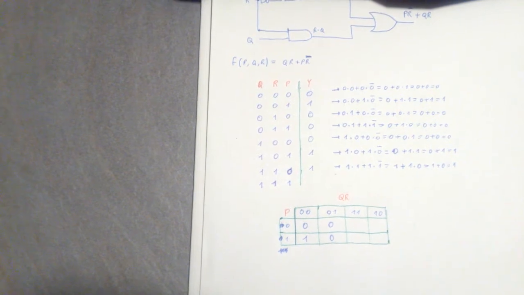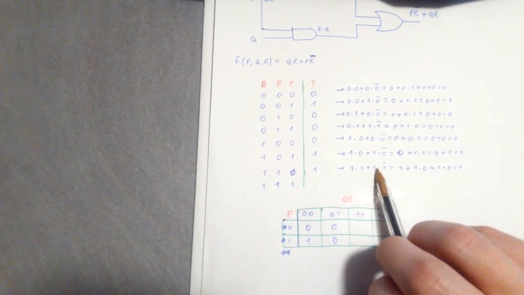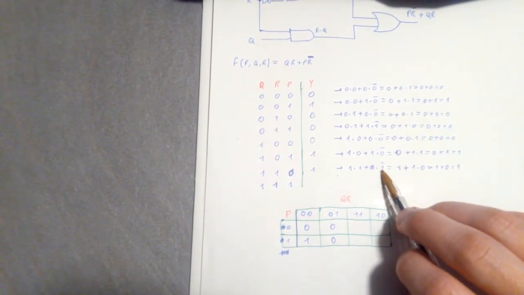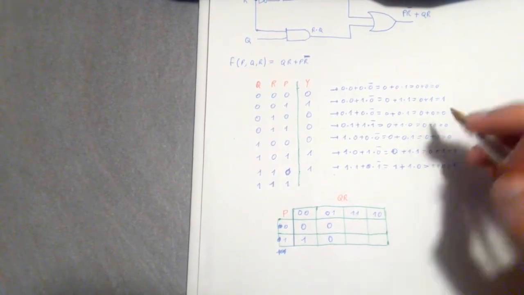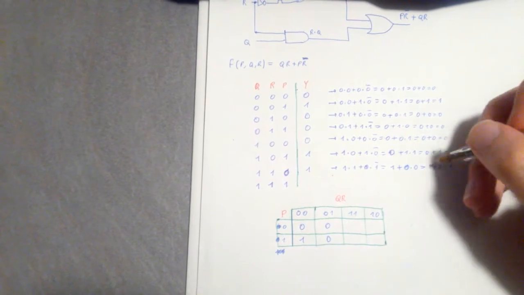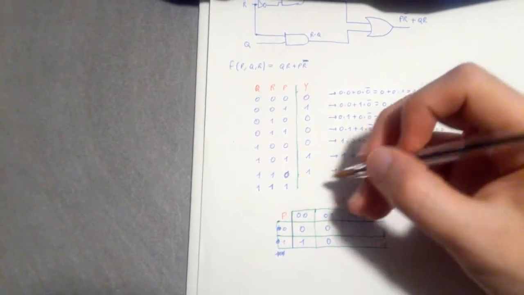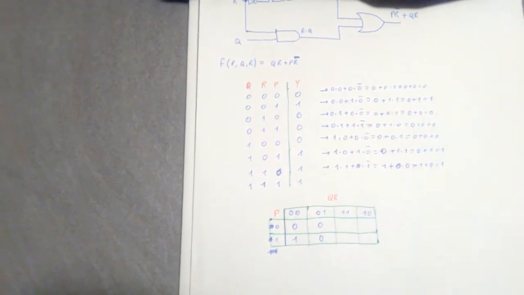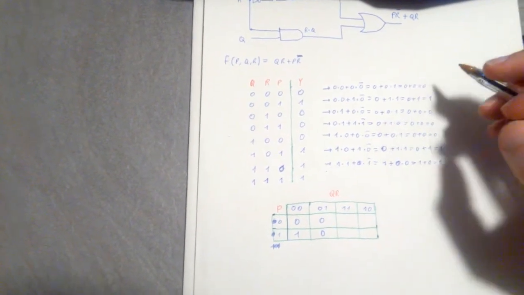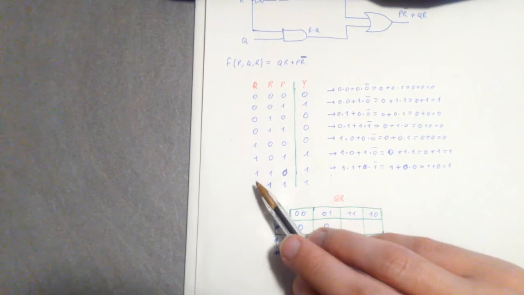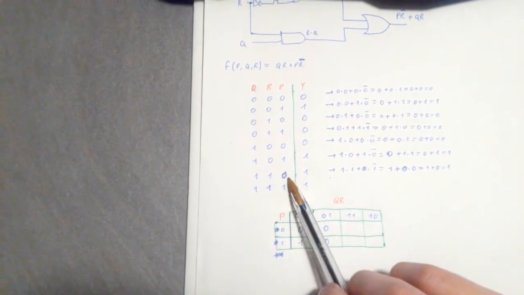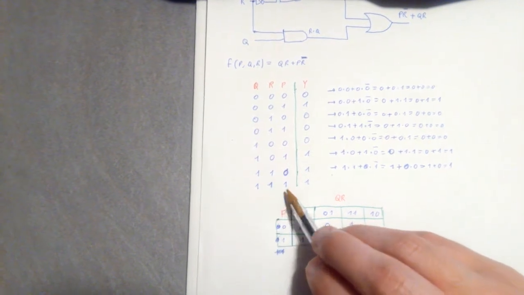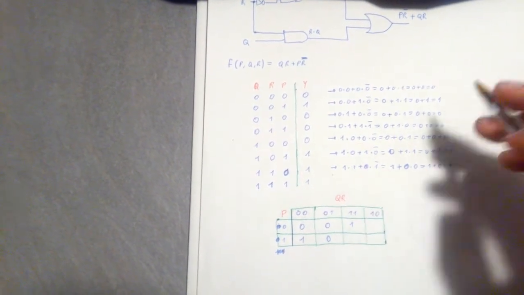So with 1, 1, 0, we have P here, so this one should be a 0. 0 times 1 naught, so nothing changes. It's still 1 plus 0, which is 1. And over here, we did it before, and it's definitely going to be a 1. So when QR are 1, 1, and P is 0 it's a 1, and when Q and R are 1, 1, and P is 1, the output is 1 as well.